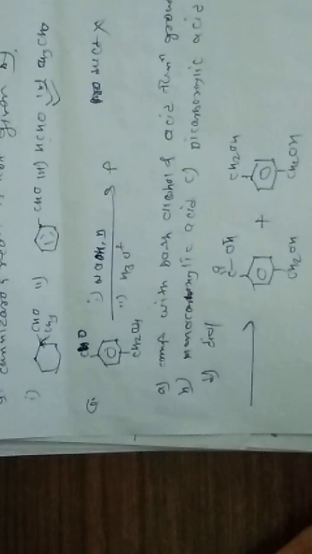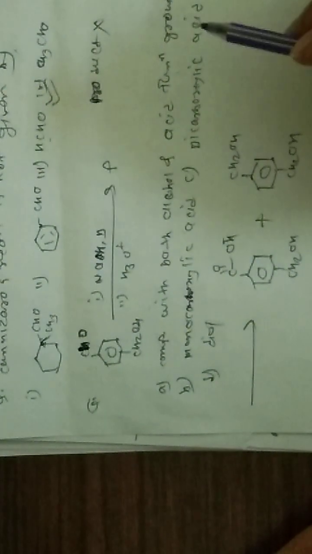The question asks for the compound which is not formed as a product in the reaction. Two products are formed in the given reaction, so which compound is not formed? The first option is a compound with both alcohol and acid functional group.